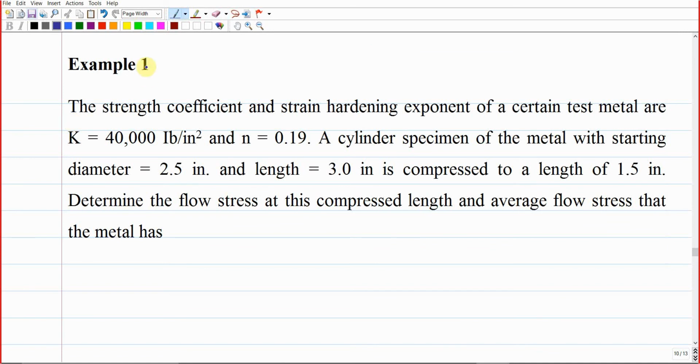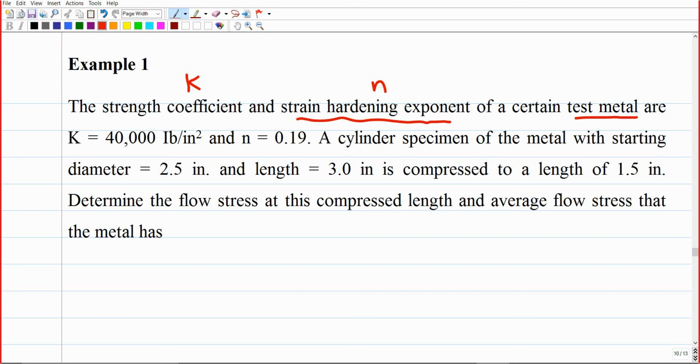So in example 1, it is mentioned that the strength coefficient, which is K, and the strain hardening exponent, which is N, of a certain test metal are given by K and N. So these are the K and N values already given to us for this material. Remember that N and K are mainly material dependent, but in the meanwhile they do depend on the temperature.